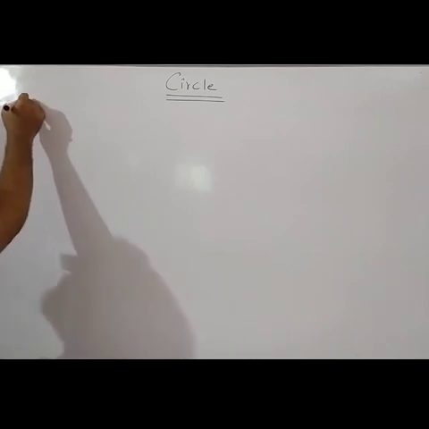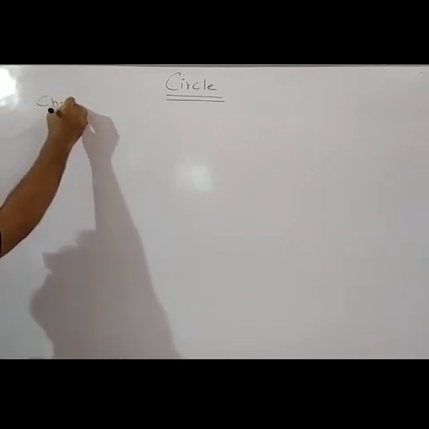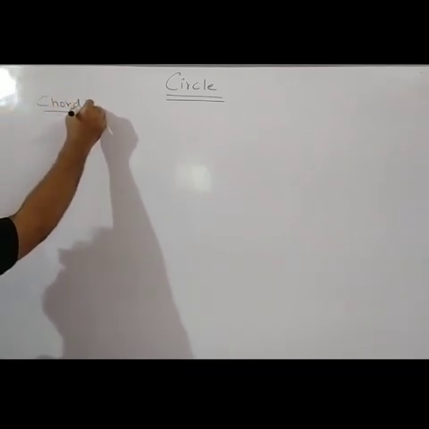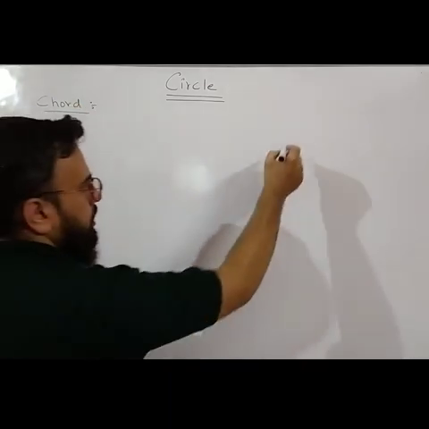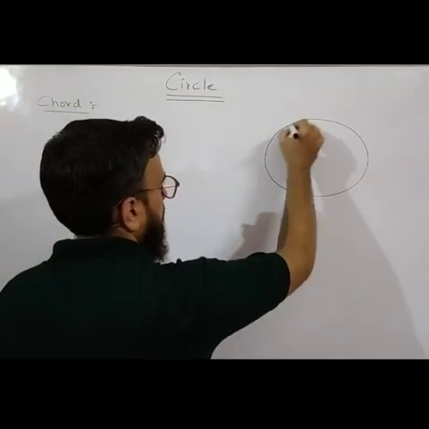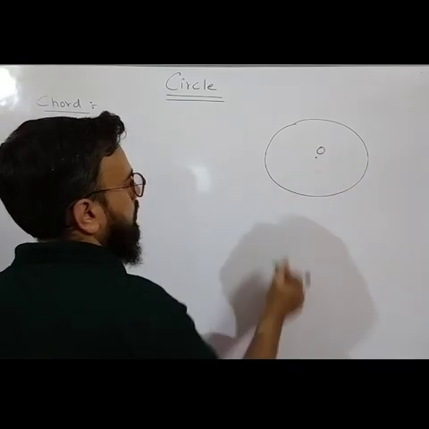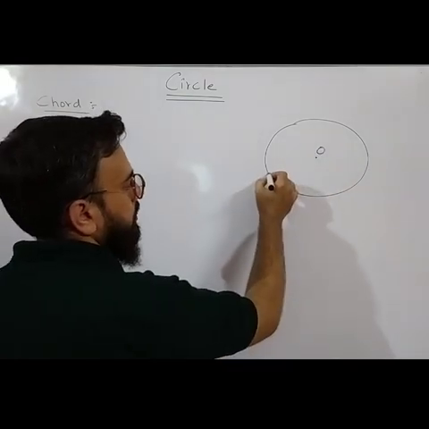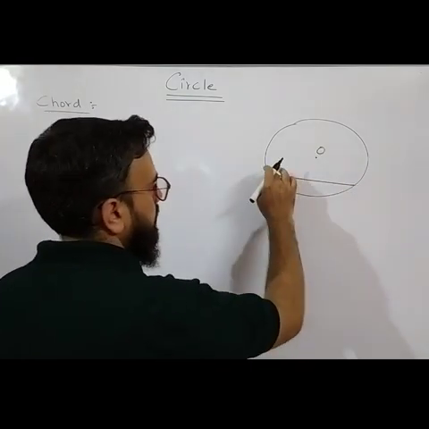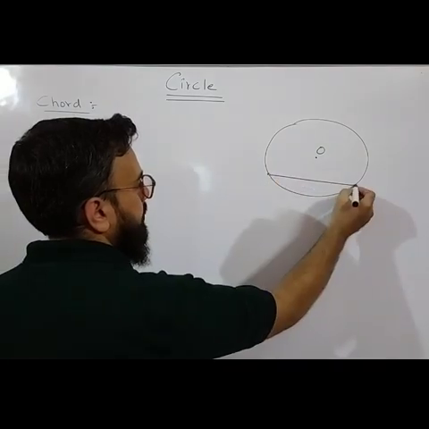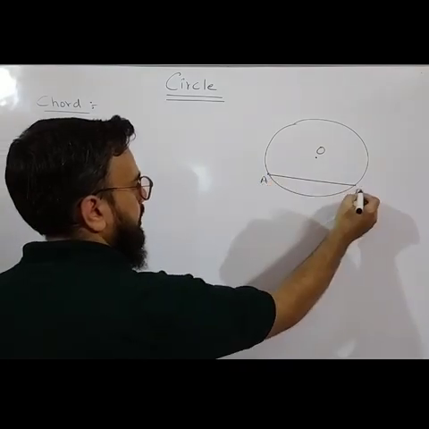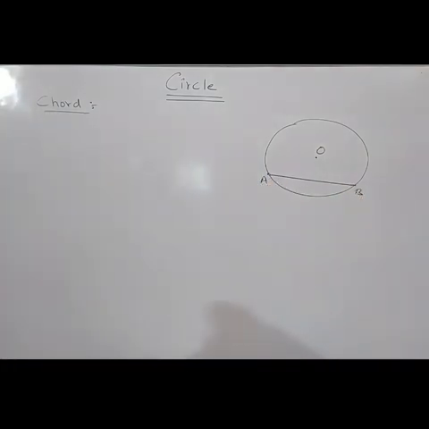Now the next term is chord. What is the meaning of chord of a circle? If we have a circle, this is our center O. Any line segment joining any 2 points on the circle, suppose this is point A and this is point B, this AB is known as chord.